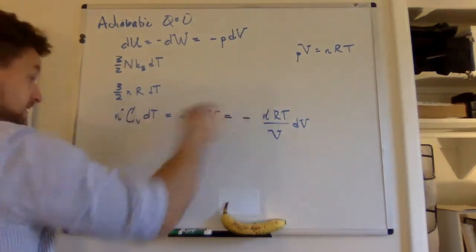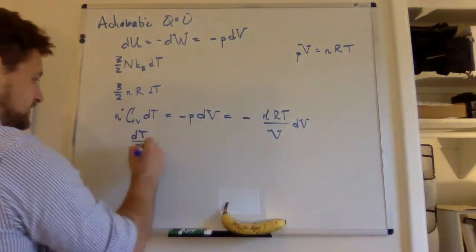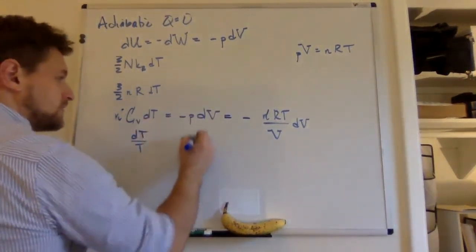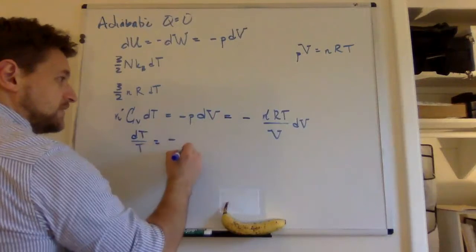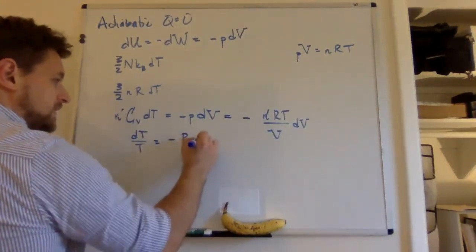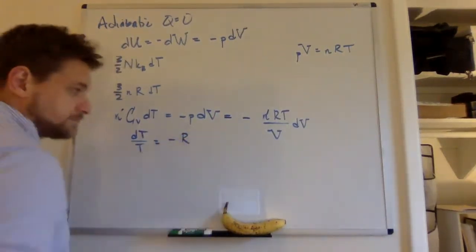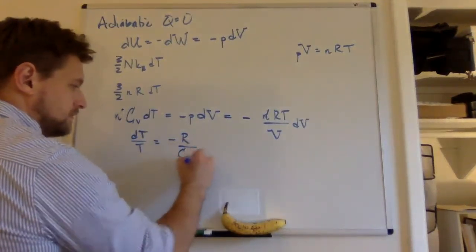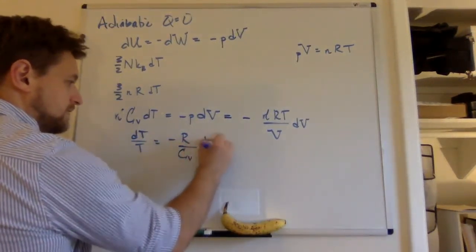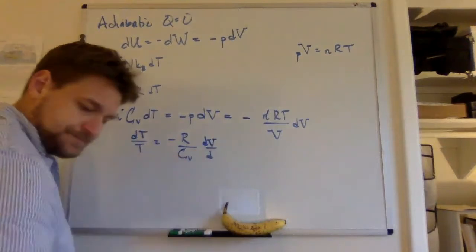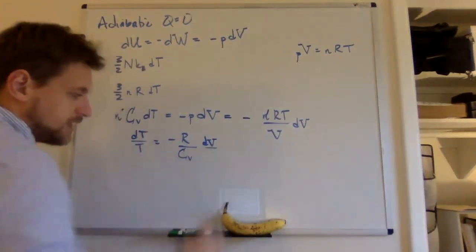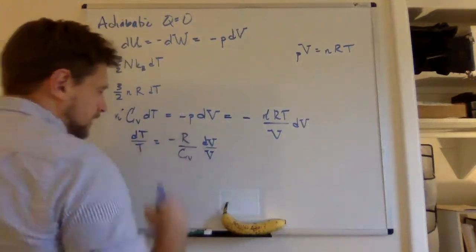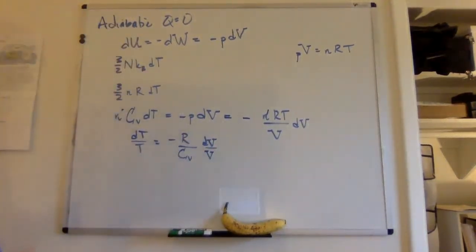Let's collect the T's and get dT over T. Let's divide both sides by C_V so that on this side we have negative R over C_V dV over V. And then we've got to figure out this ratio here, R divided by C_V.